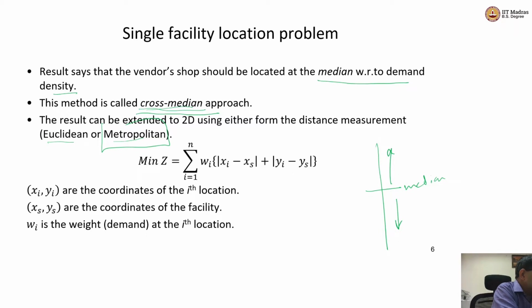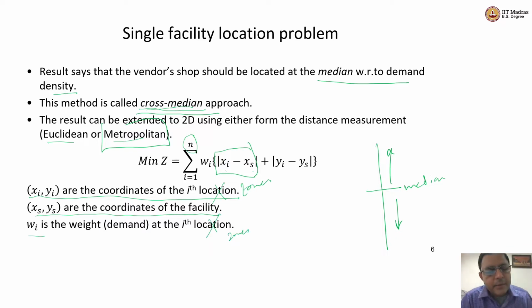Metropolitan distance measure would say there are n zones. The distance travelled in the x-axis is xi minus xs, where xs is the location of the facility. xi, yi are the coordinates of the zones. Let us call them zones. Wi continues to be the demand density or the weight in the ith zone.